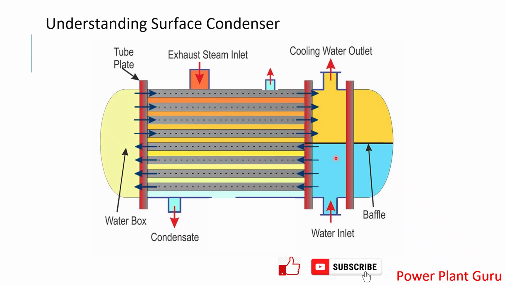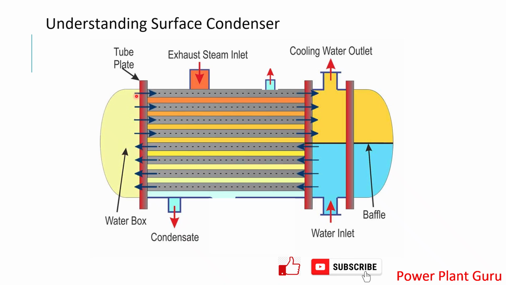Once half of the tubes are flowing in this direction, the water will come from those tubes to this side, and this is called the water box. There is no partition, but as half of the tubes are supplying this water, this water has to exit, right?